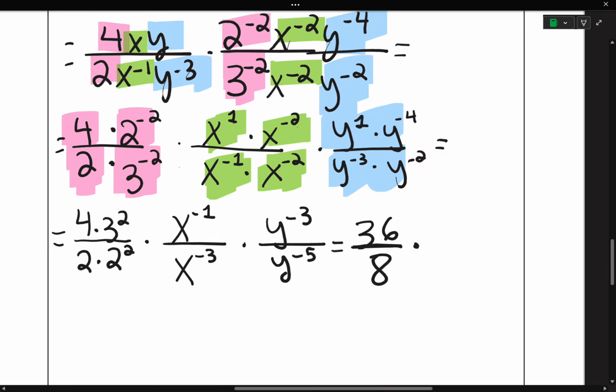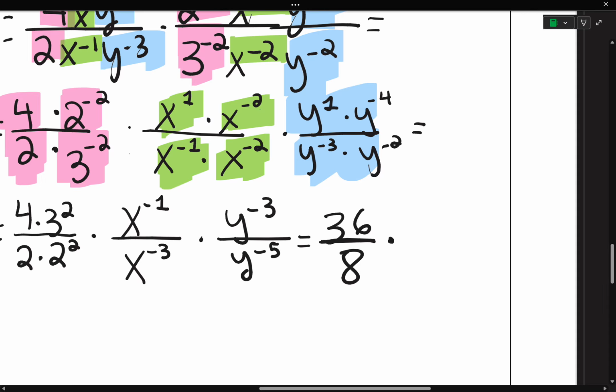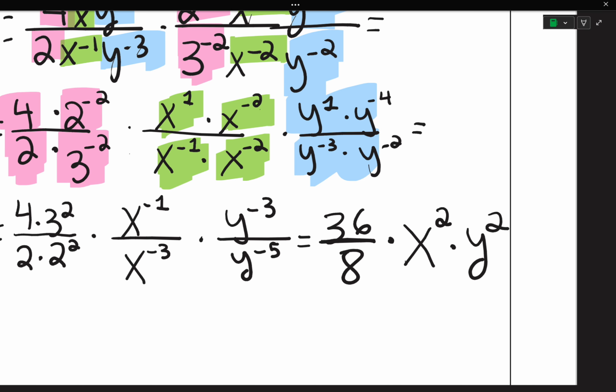For the x's, when I'm dividing the same base, I can subtract their exponents. -1 minus -3 is positive 2. For the y's, we're going to do the same thing. -3 minus -5 is positive 2.